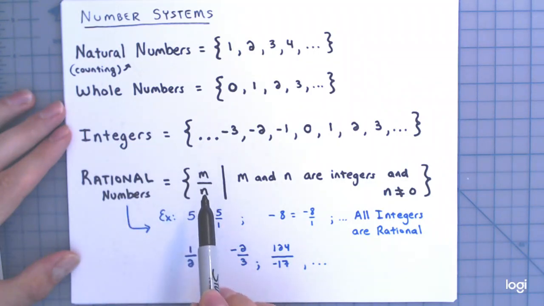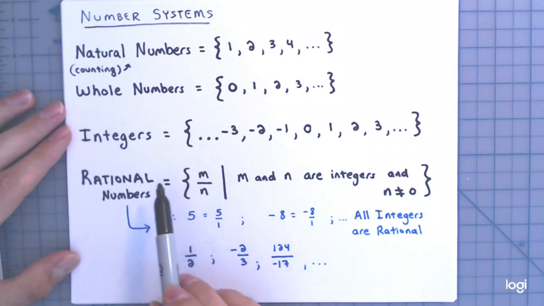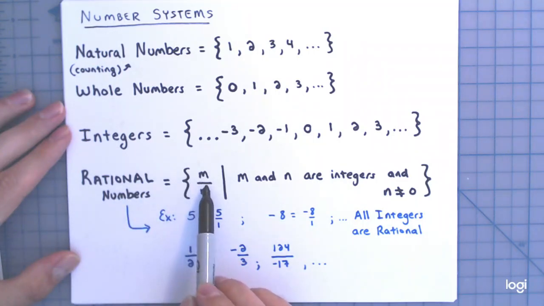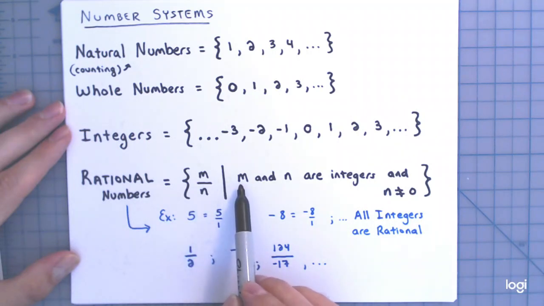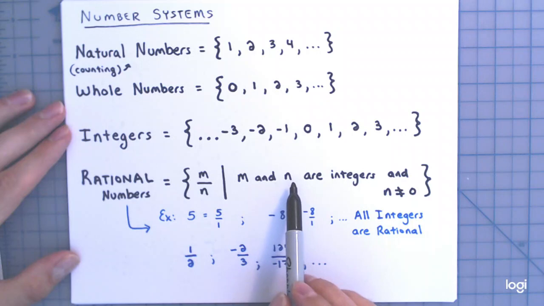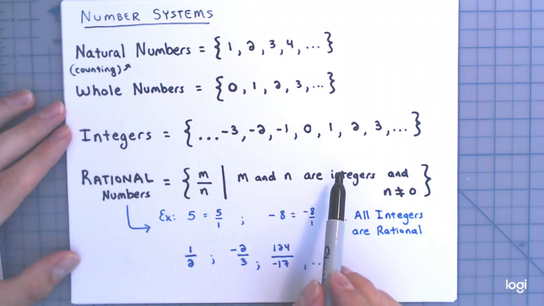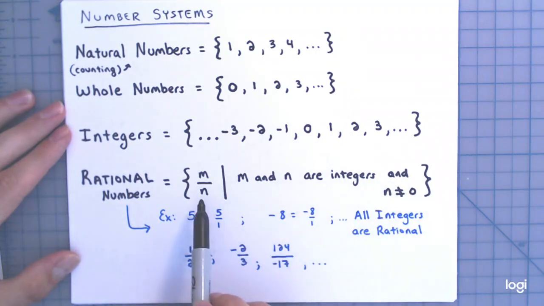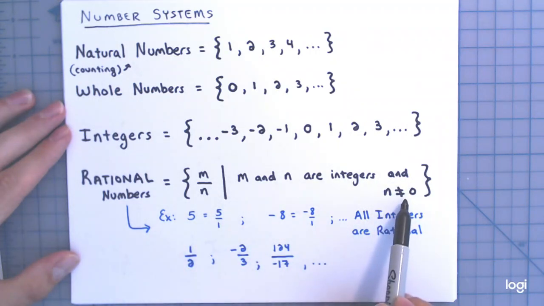Rational, ratio, a fraction. Every number in the rational numbers can be written like this, m over n, where m and n, this numerator and denominator, are integers. So one of these guys. And of course, the denominator n is not 0.